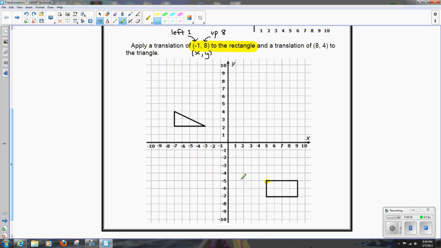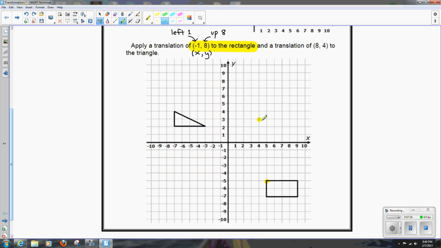Right now it's at -5. If I add 8, -5 plus 8 is +3. So that means I want to put my point right here at 4, 3. And you can see that I moved left 1 and up 8. 1, 2, 3, 4, 5, 6, 7, 8.